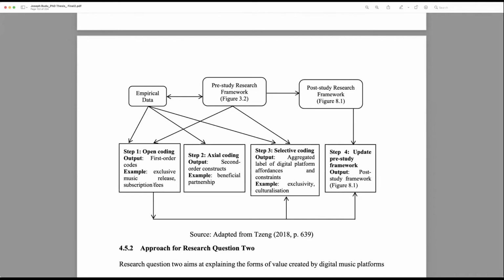Exclusive music release and subscription fees. Then in axial coding, he came out with beneficial partnership. Then he went to selective coding: exclusivity and culturalization, aggregated label of digital platform output, aggregated label of digital platform affordance and constraints. The last one, you then use to update your framework.